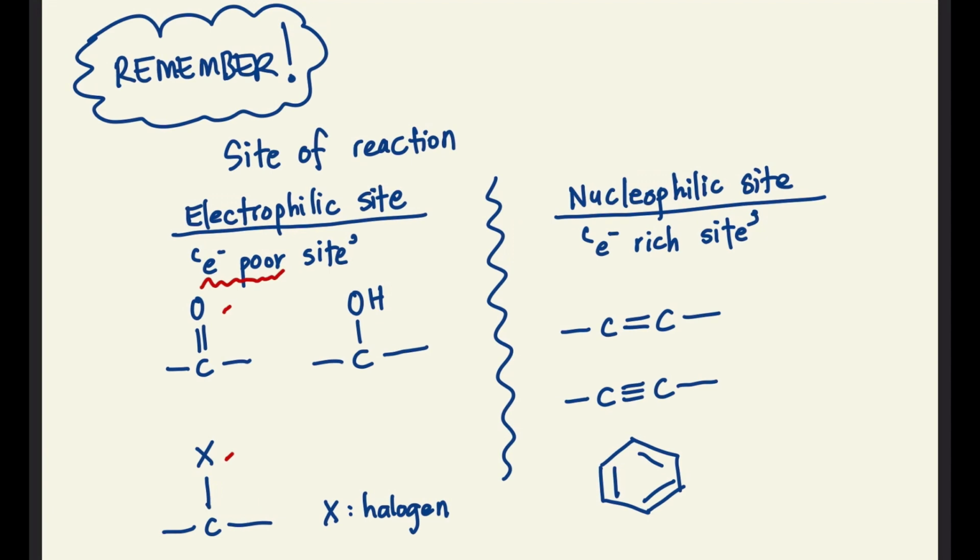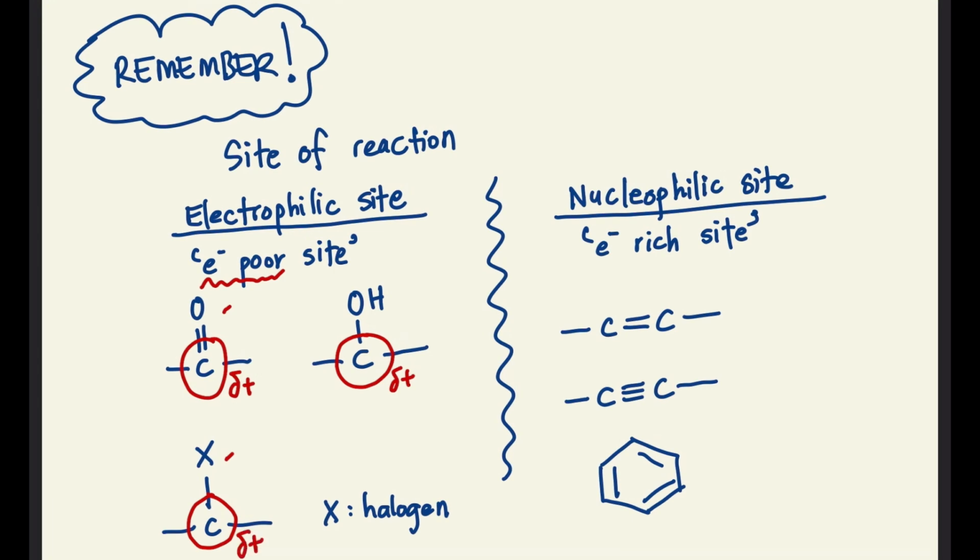This makes the carbon atoms become delta plus, similar to the carbon connected to OH group, making the carbon partially positive charge, as well as the carbon connected to the halogen atom.